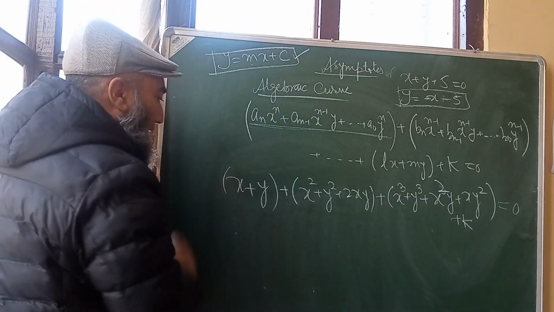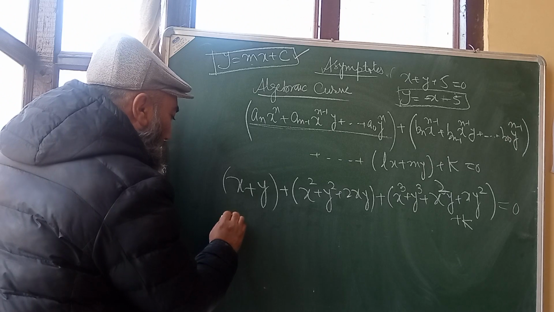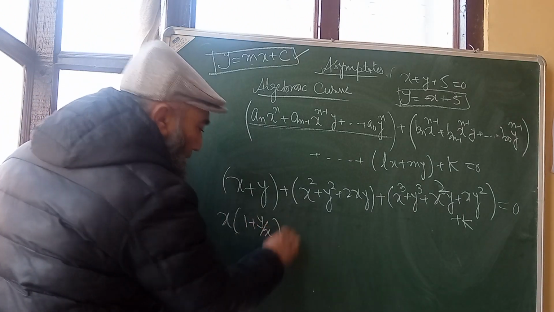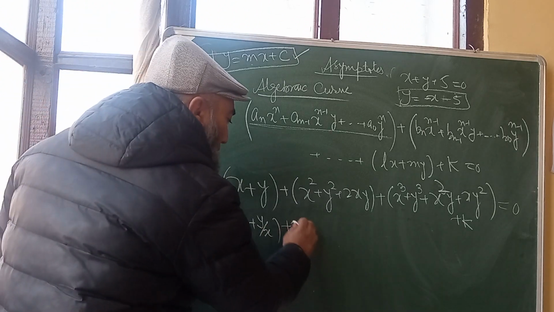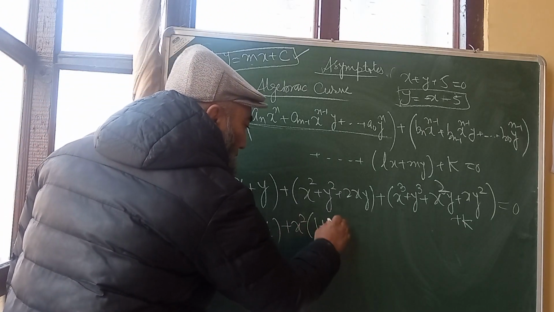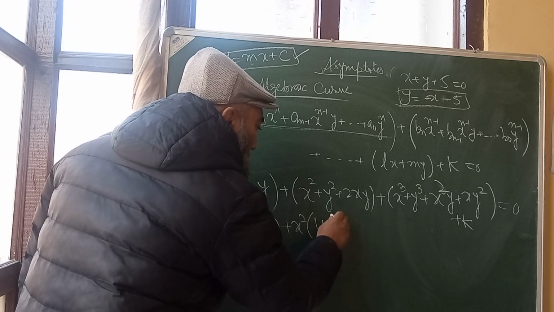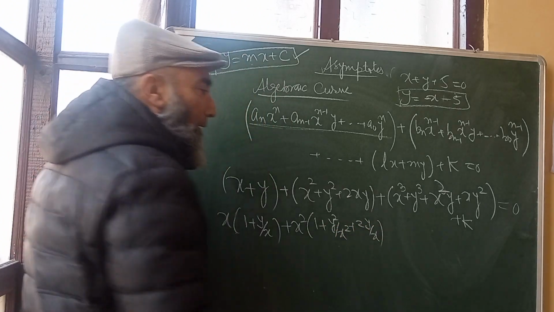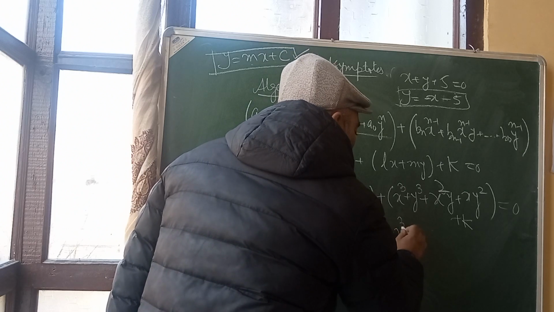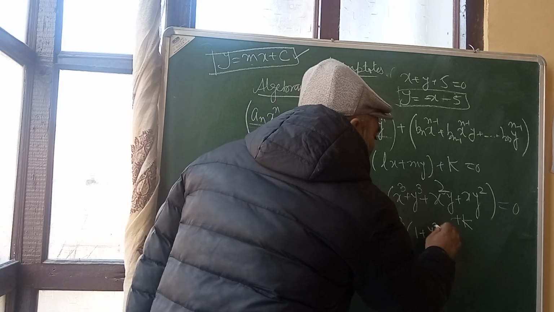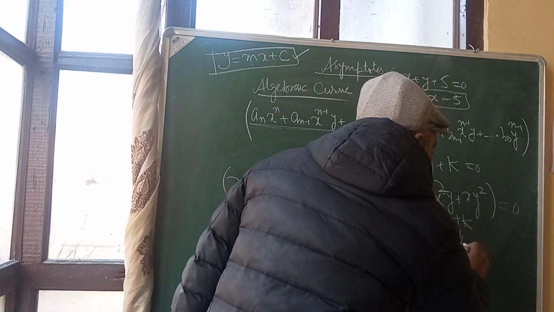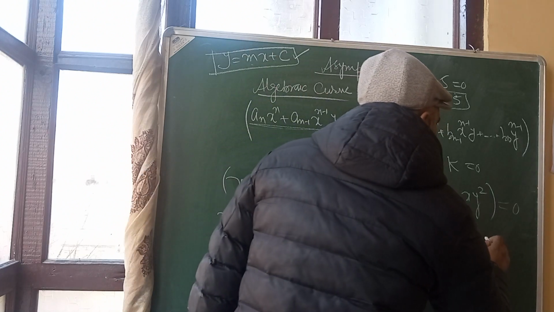So one can observe that if you take x from this, it will be 1 plus y by x, right? If you take x square from this, you will get 1 plus y by x, y square by x square, 2y by x. If you take x cube from this, it will be 1 plus y cube by x cube, then y by x, then y square by x square.